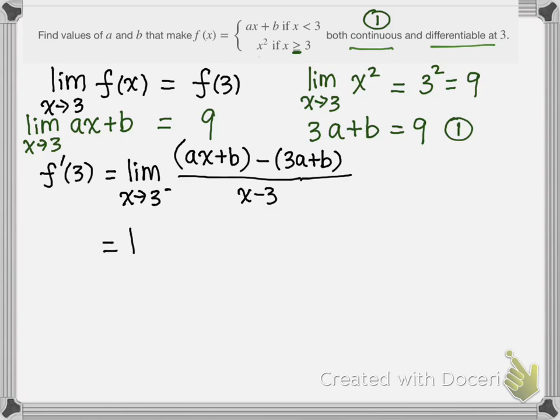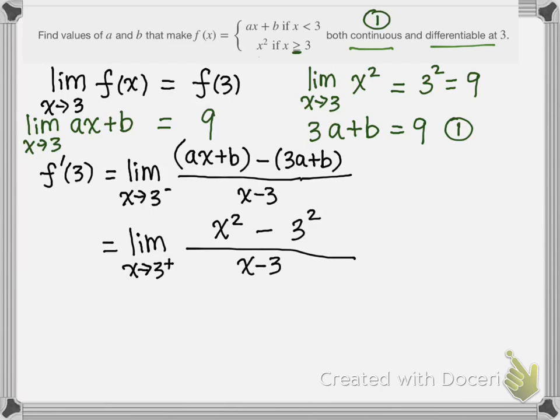And it must equal the limit as x approaches 3 from the right, because if the left hand limit equals the right hand limit, it implies the limit exists. On the right hand side it is x squared minus f of 3, which is 3 squared, divided by x minus 3. So we need these two limits to equal each other.